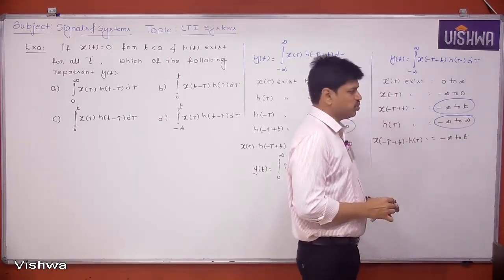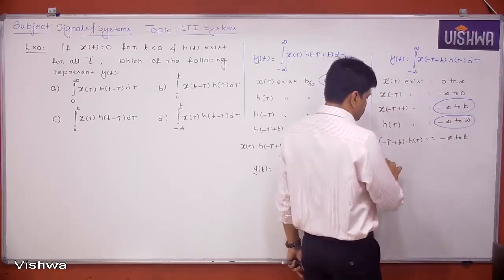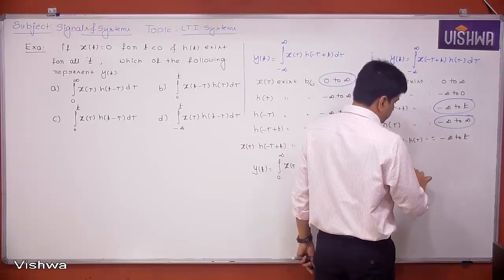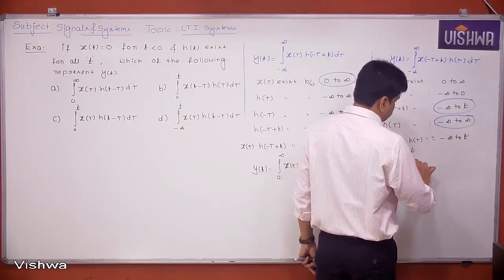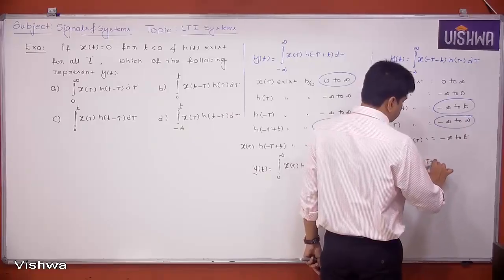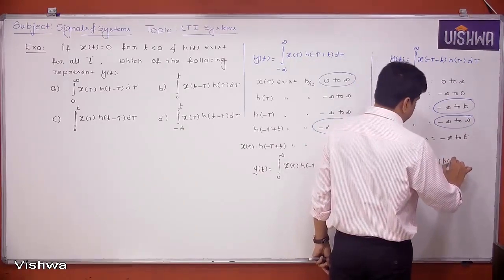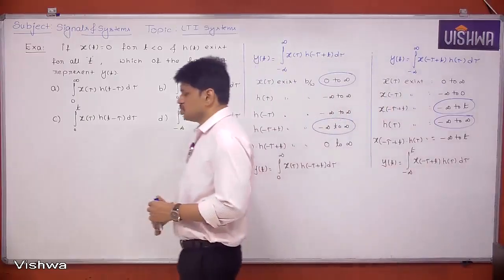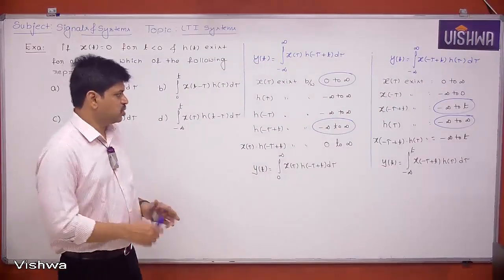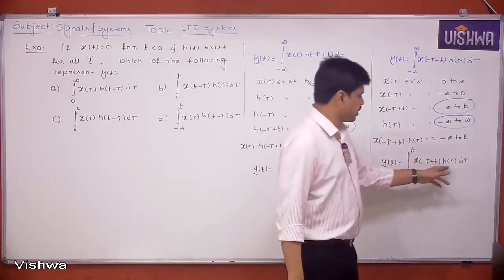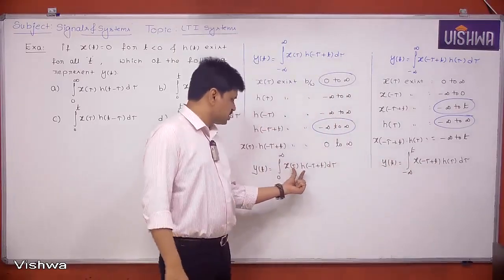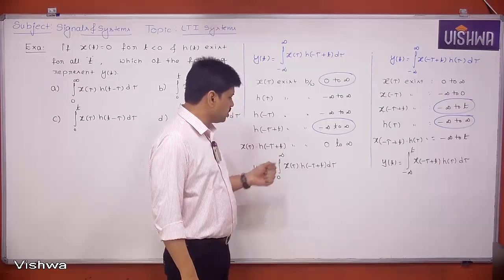So I can write this integration y of t is equal to integral minus infinity to t x of minus tau plus t h of tau d tau. So this is the integration limits. If you consider this is the integrand, then we have to take these are the integration limits.